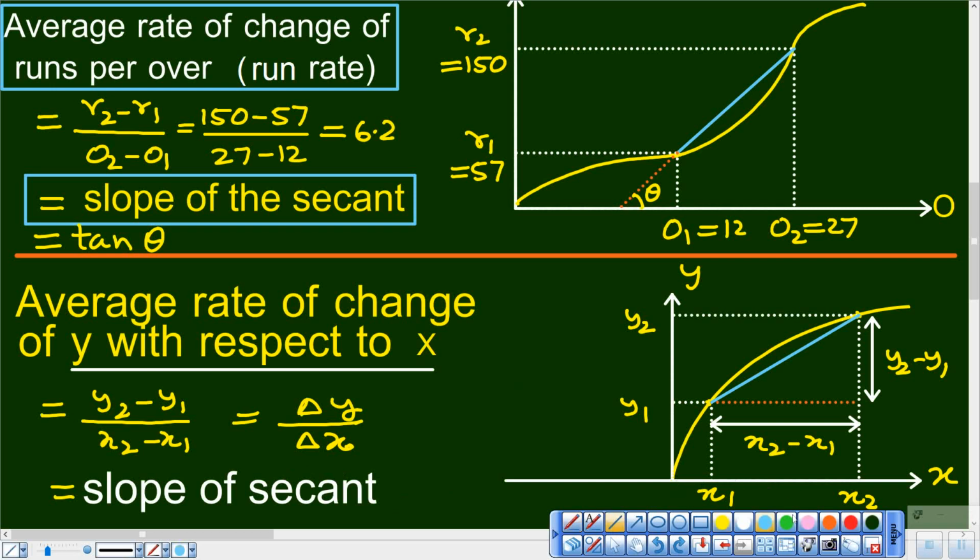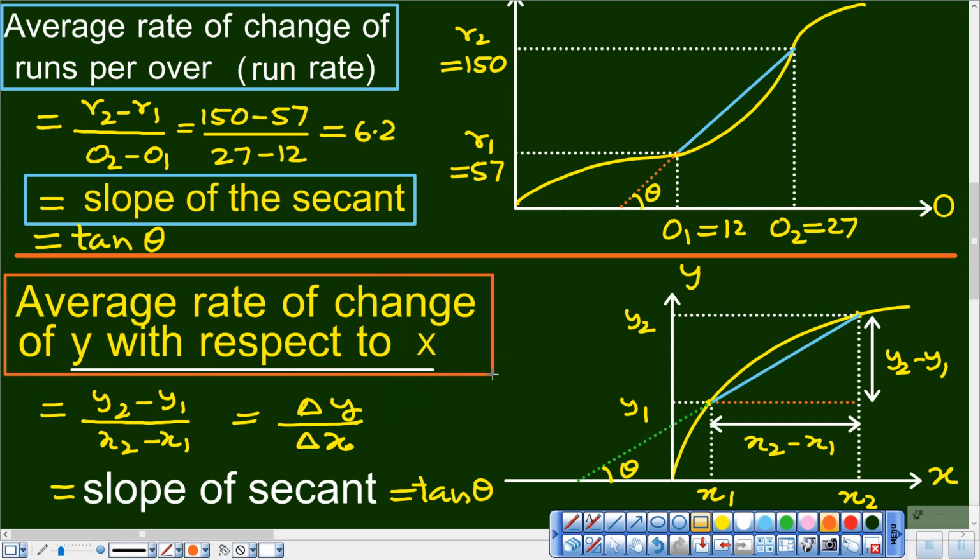And as we did earlier, if I produce this up till the x-axis so that it makes an angle theta with the x-axis, the same thing can be written as tan theta. The point that I'm trying to drive home, understand this very carefully, I'll box it, is that the average rate of change of any variable with respect to another variable is the slope of the secant. This is what I want to highlight here.